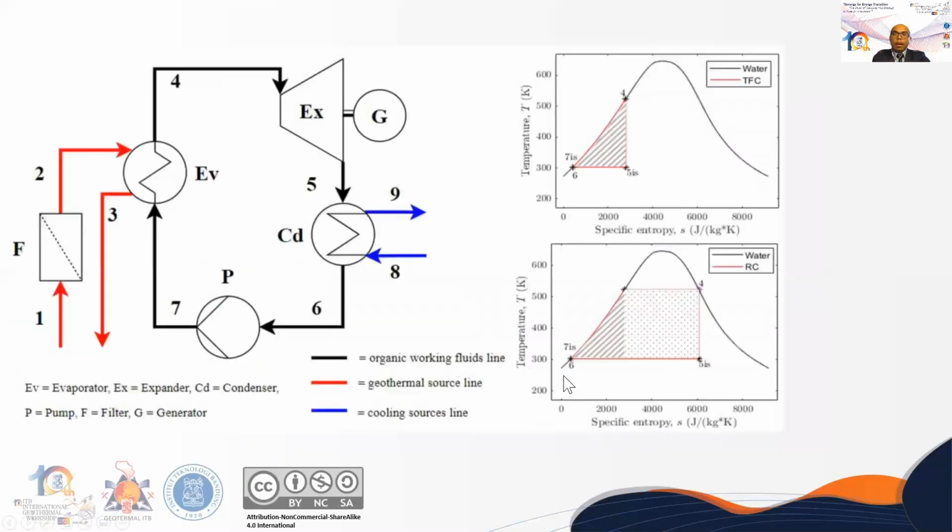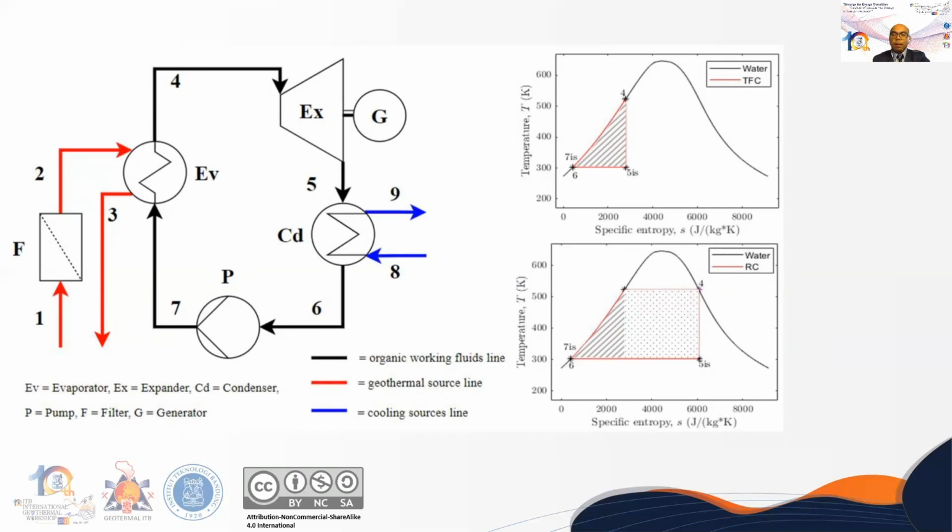As you see on the left side, this is the schematic layout for ORC and TFC in simple form. They have an evaporator, an expander connected with a generator, a condenser, and a pump in a closed loop cycle. The blue lines are the cooling sources through the condenser, the black lines are the working fluid inside the cycle, and the red lines are the geothermal heat sources.